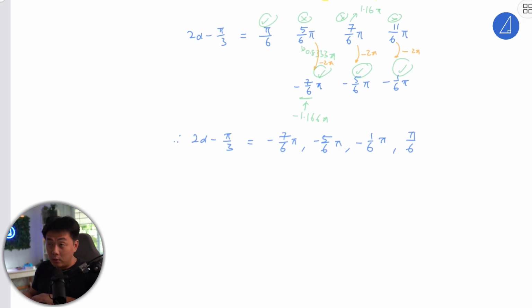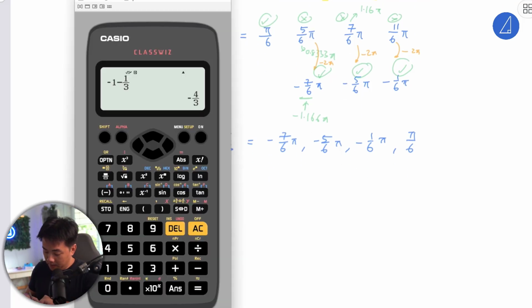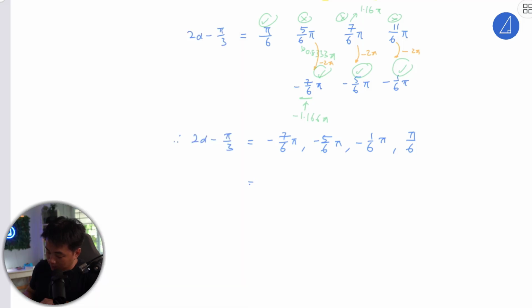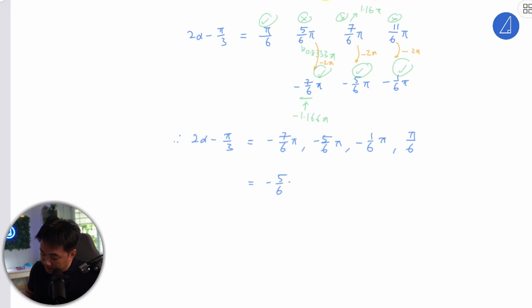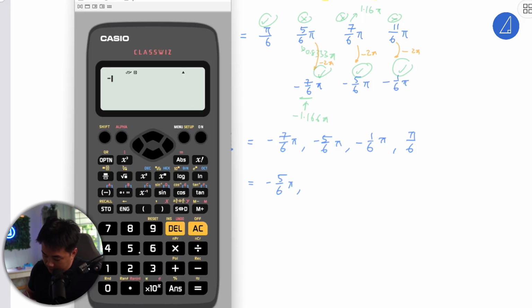Then I'm going to add pi over 3 throughout. So I take minus 7/6 plus 1/3. This will be minus 5/6 pi. I put minus 5/6 plus 1/3.